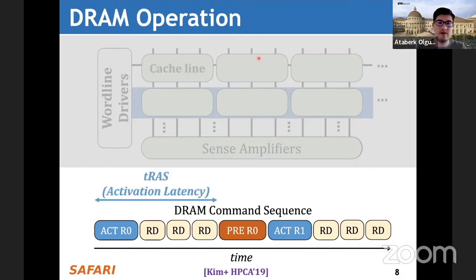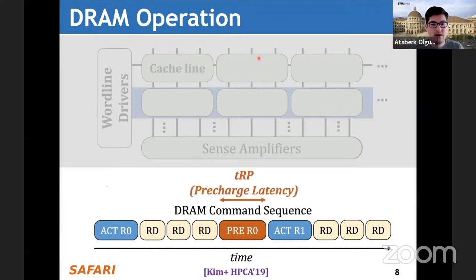TRAS is the time required for the charge to become restored in the capacitors on the open row, and TRAS dictates the amount of time we need to wait between successive activate and pre-charge commands to the same DRAM bank. TRP is the time it takes for a bit line to become pre-charged to half VDD, such that we can send a new activate command to the DRAM device. And successive pre-charge and activate commands must be separated by a TRP amount of time on the command bus.